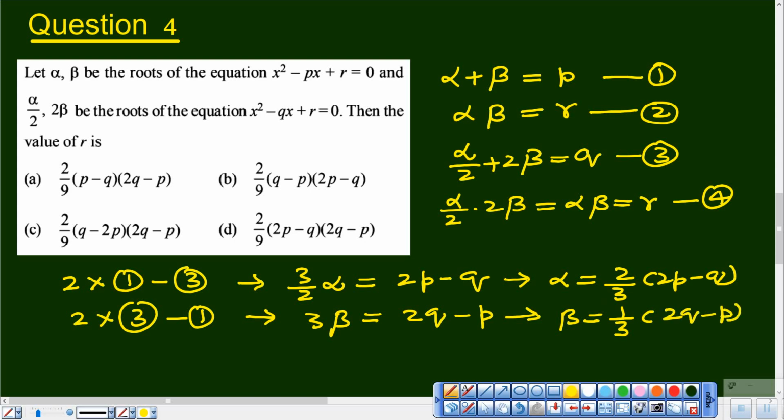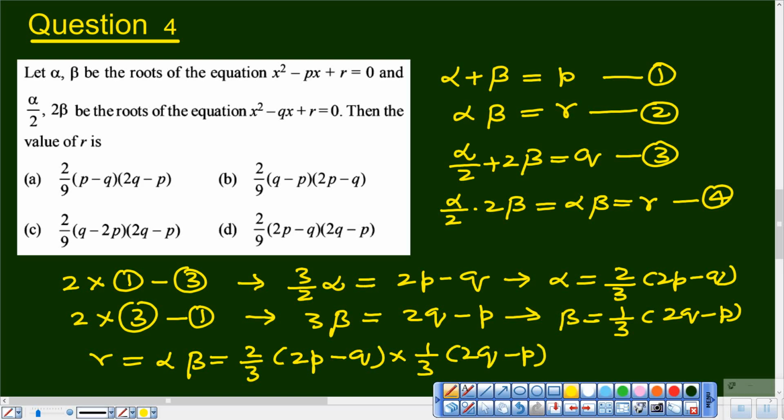What are we supposed to find? We are supposed to find the value of r, and what is r? r is after all alpha beta. That is why r, which is alpha into beta, the product of the two, is 2 by 3 (2p minus q) into 1 by 3 (2q minus p), which is going to be 2 by 9 (2p minus q)(2q minus p).